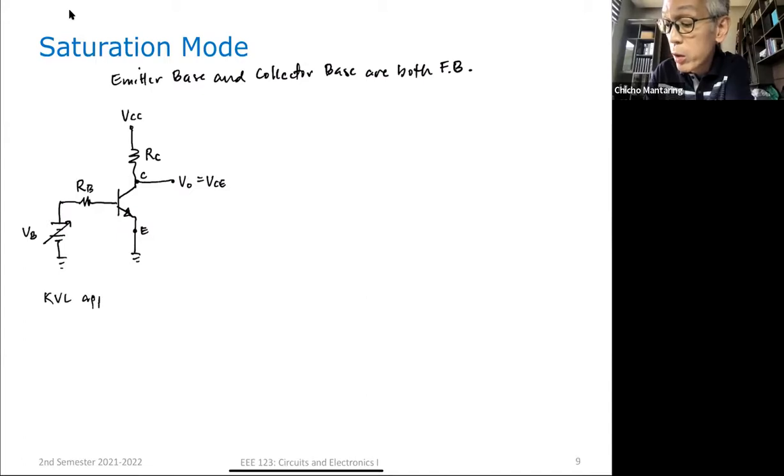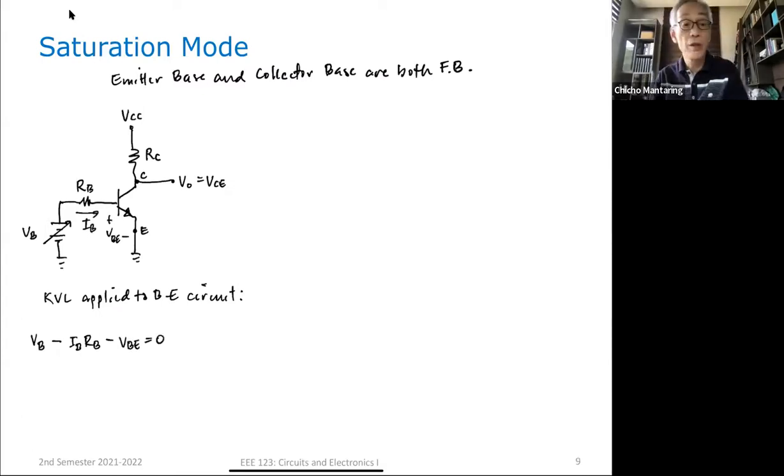Applied to your base emitter circuit, I'm going to get VB minus IB RB minus VBE is equal to 0.